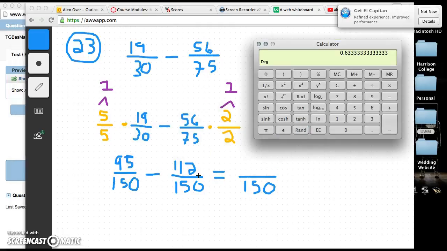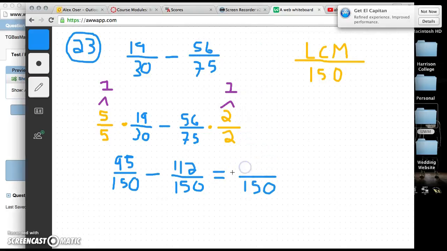So we are subtracting the first numerator of 95 minus the second numerator of 112. And we get a negative 17. So we'll throw our negative sign out in front here and put 17 in our numerator. So this is our final answer.